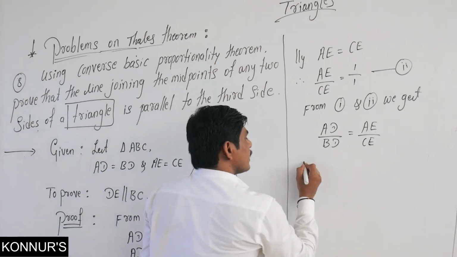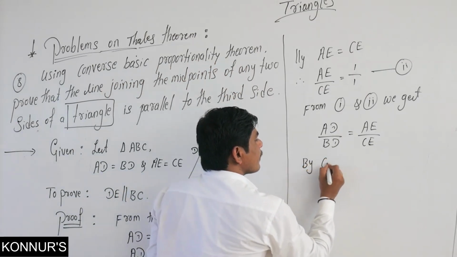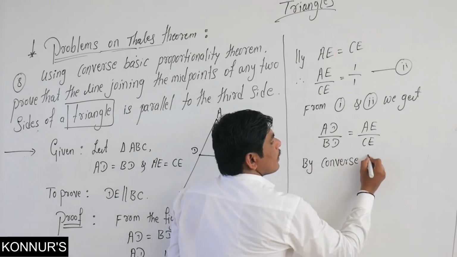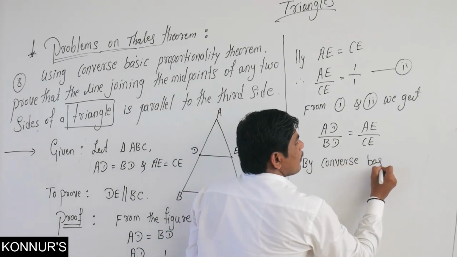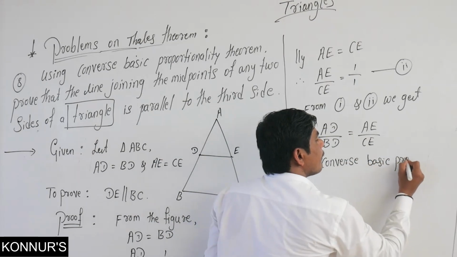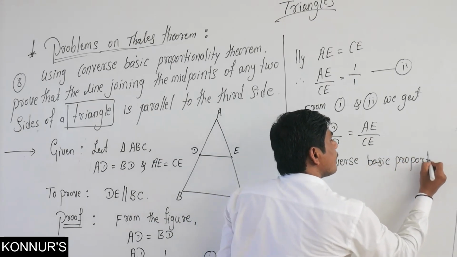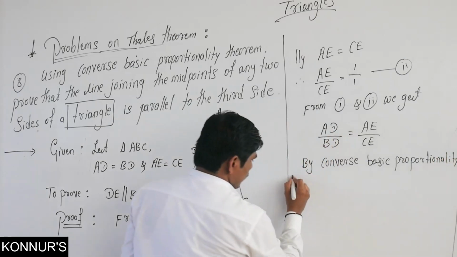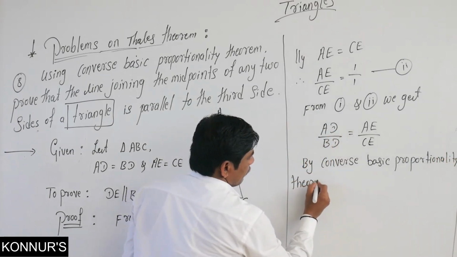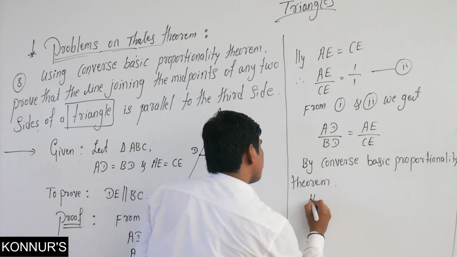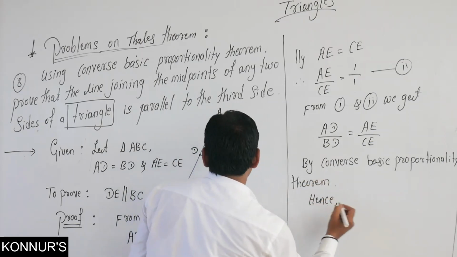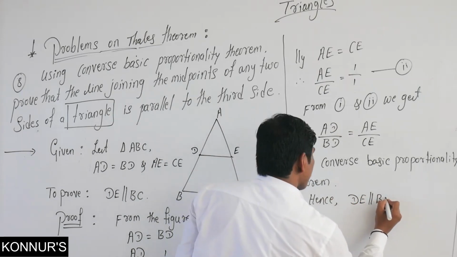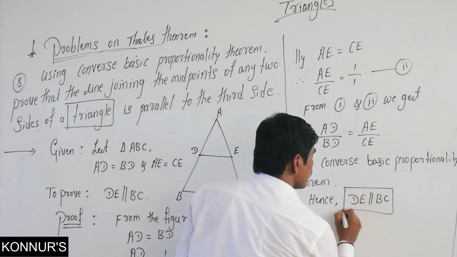Here directly you write by converse basic proportionality theorem. Hence, DE is parallel to BC. This is the result.